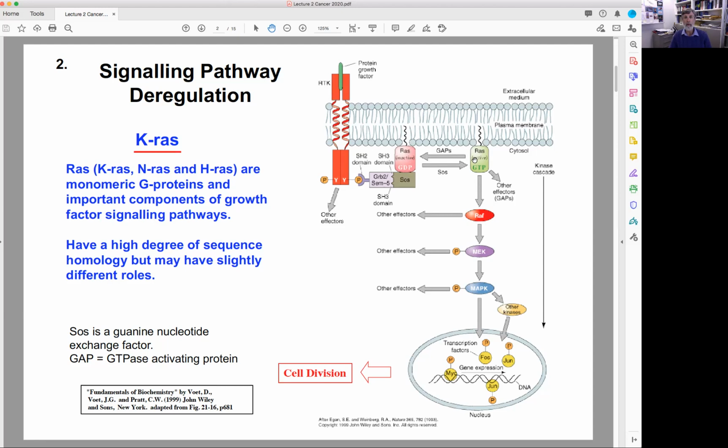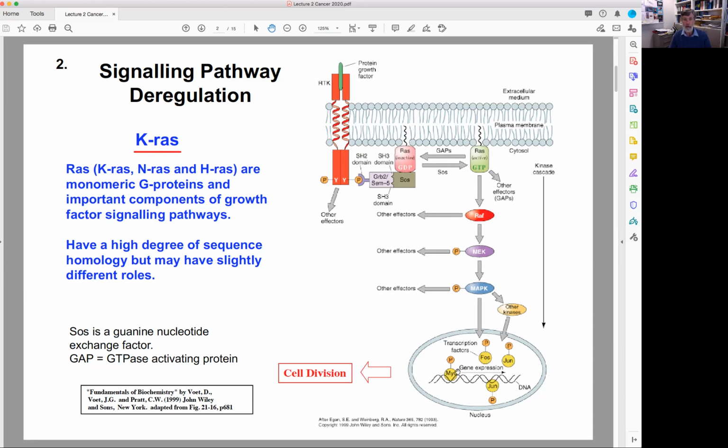So RAS interacts with RAF to activate RAF, which is a serine threonine protein kinase, which in turn phosphorylates MEK, and then phosphorylated MEK is active and phosphorylates MAP kinase to activate the MAP kinase, and then the MAP kinase, either directly or sometimes via other kinases, can phosphorylate a number of important transcription factors, activating those transcription factors to bring about the expression of genes whose proteins are involved in promoting cell division.